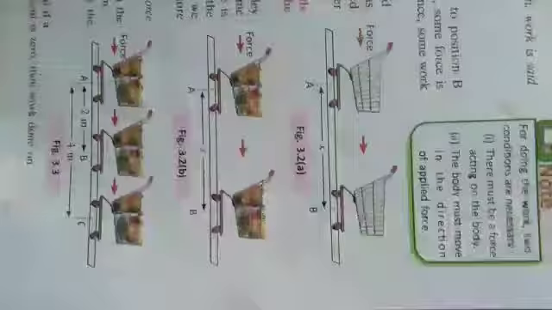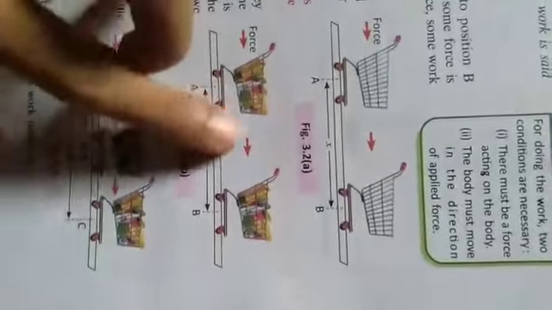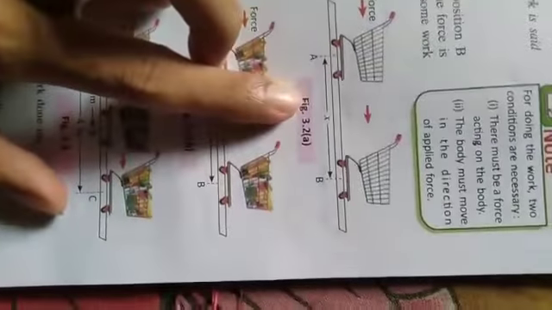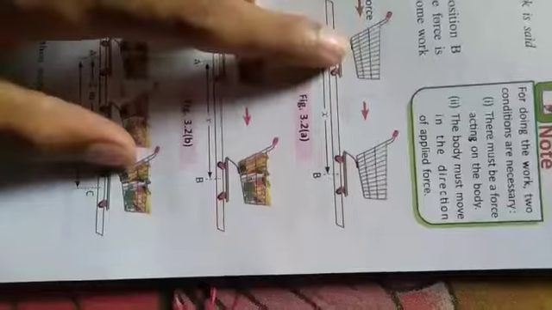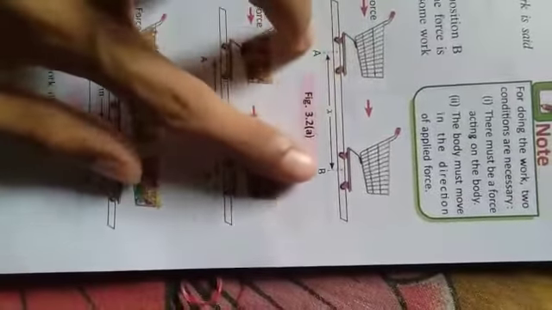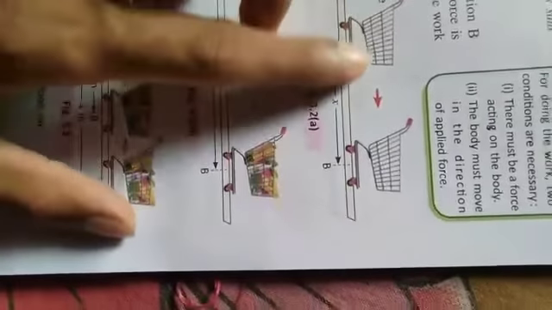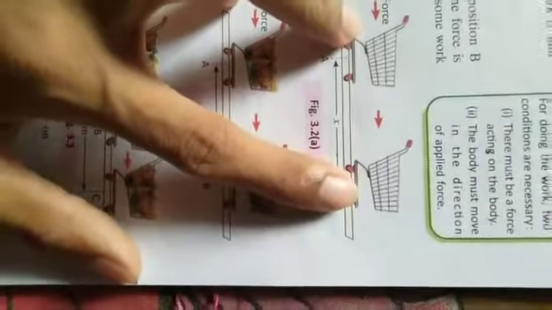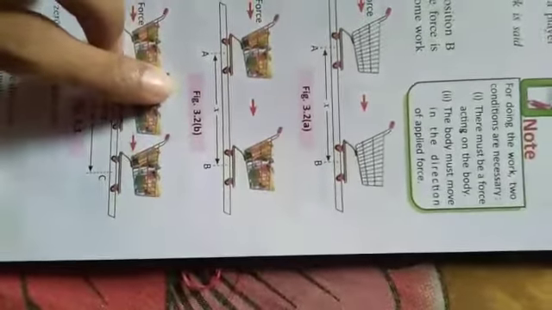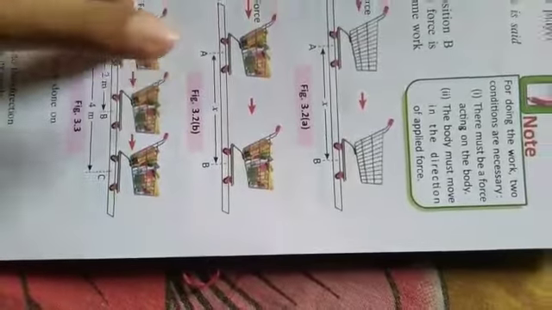Now we will read about factors determining work. If we consider these two figures, in the first one, figure 1, a trolley is being pushed from position A to position B through a distance x. Naturally some force is required to move the trolley through distance x, and hence some work is done. In the second figure, the trolley is filled with luggage.